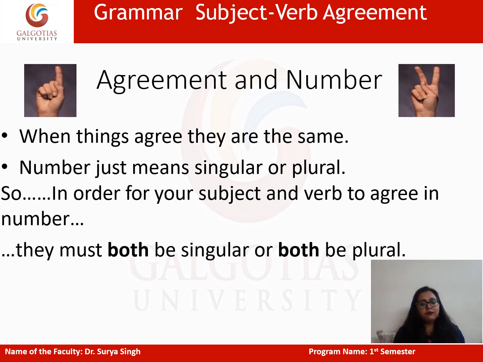Now what is agreement and number? When things agree, they are the same. Number just means singular or plural. So in order for your subject and verb to agree in number, they must both be singular or both be plural.